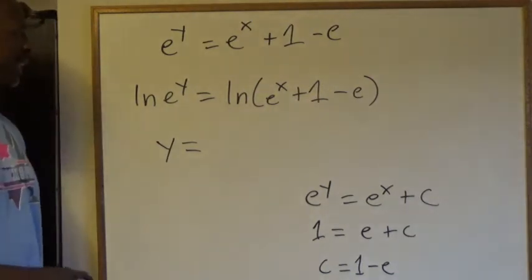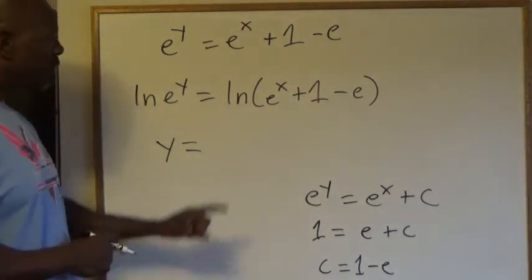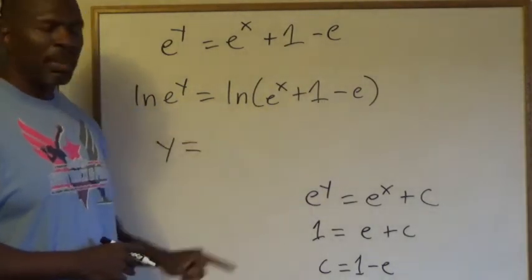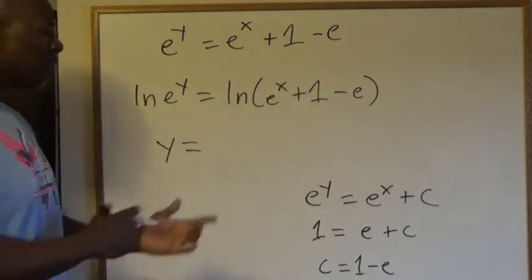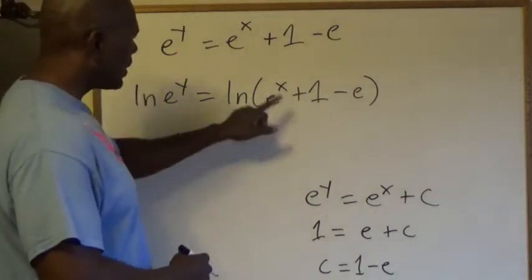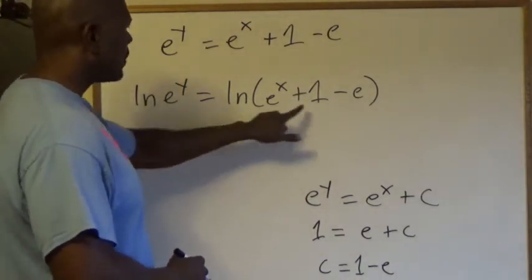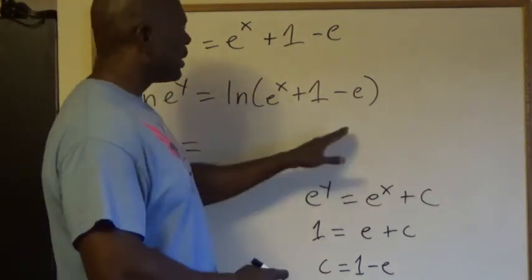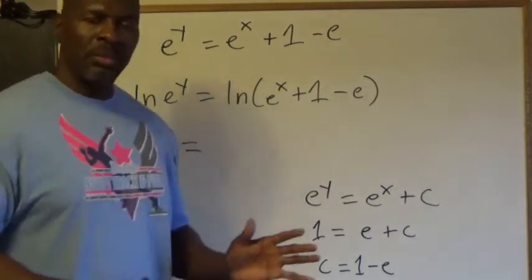Now, you may be enticed to want to ln each of these individual terms, but that is illegal. You might be enticed, okay, I'm going to ln e^x, I'm going to get x. I'm going to do ln 1, and I'm going to get 0. And I'm going to do ln e and get 1. We can't do that.